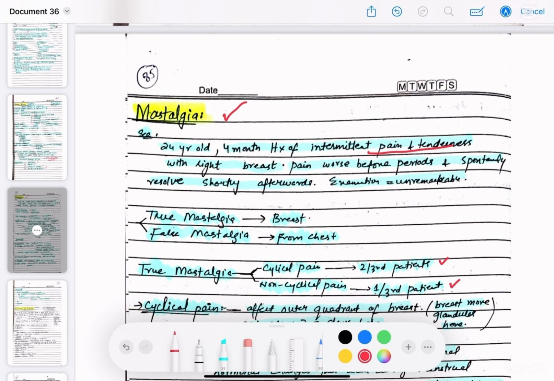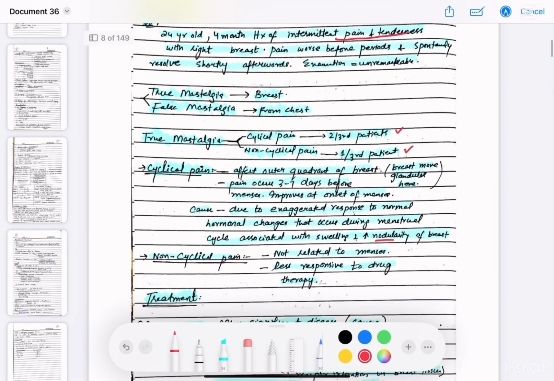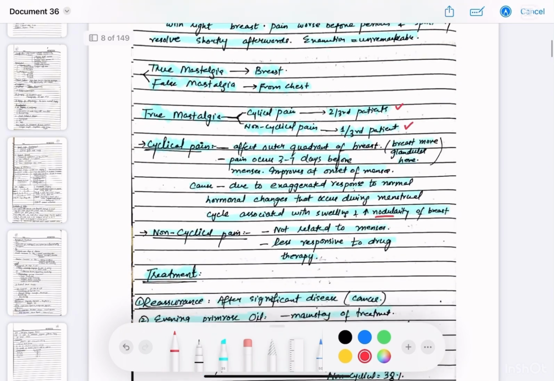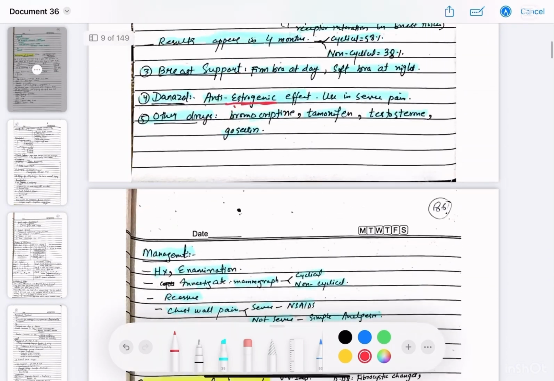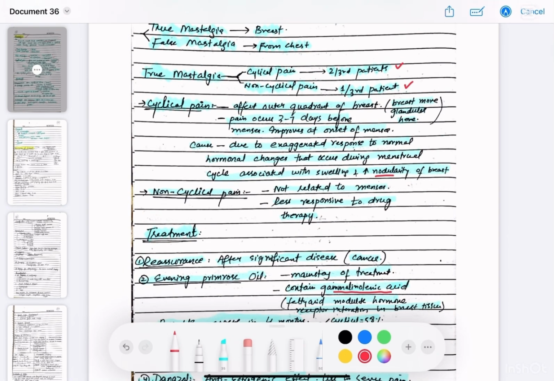For cyclical pain, it affects the outer quadrant of the breast, and it occurs 3 to 7 days before the menses, while the non-cyclical pain is not related to the menses.